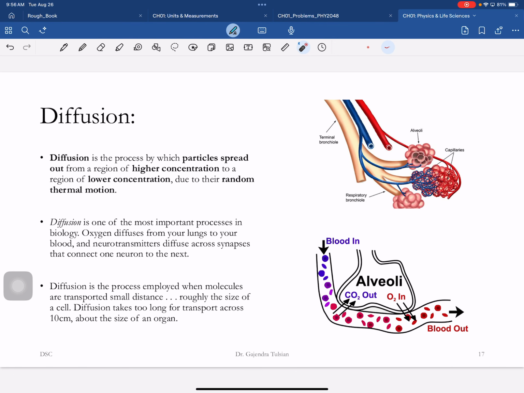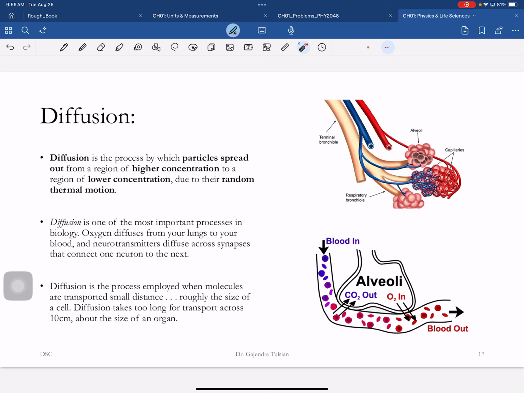These are red blood cells, and they have hemoglobin, and they get rid of the carbon dioxide and absorb the oxygen. This is a diffusion process, and if the blood flows too fast, that diffusion process wouldn't have enough time to take place.